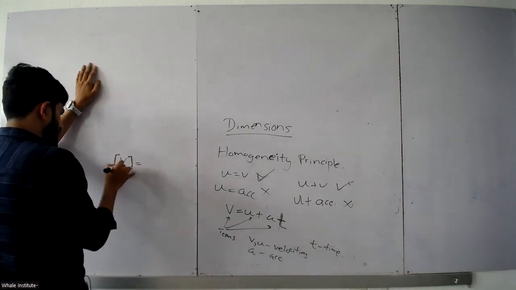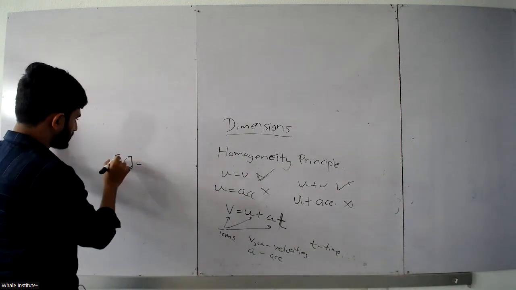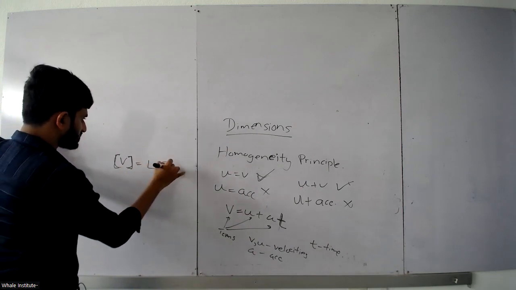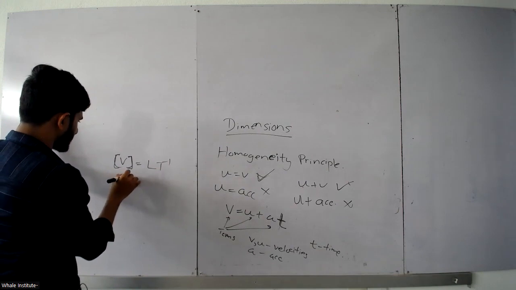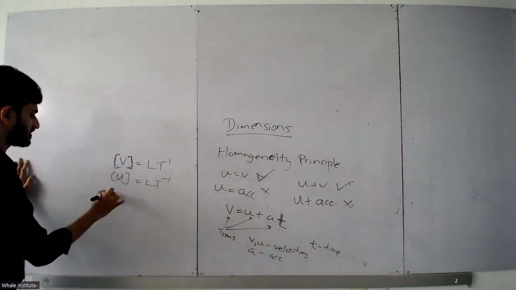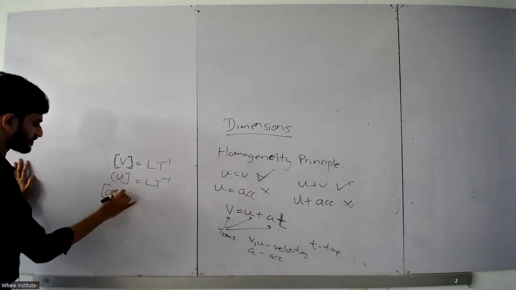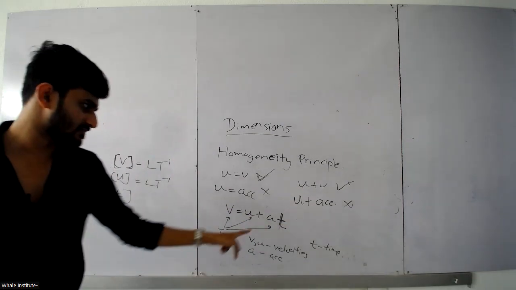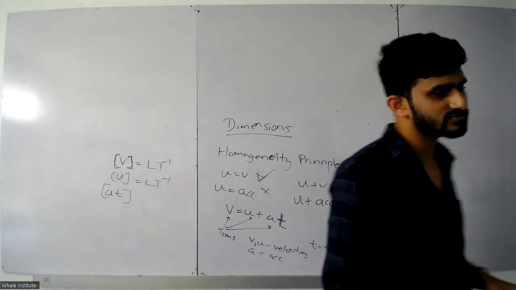The dimension of velocity is LT minus 1, and for u also it is LT minus 1, because it is a velocity. In acceleration and time, the product is at, so at means one term.